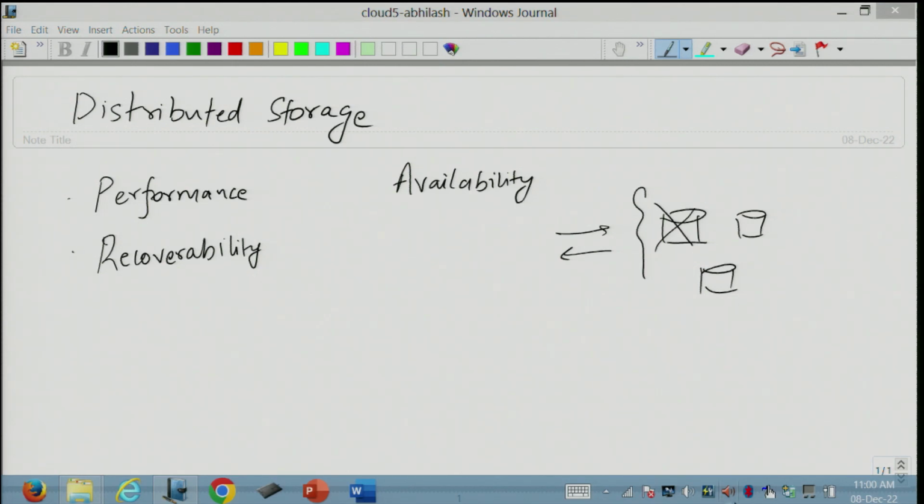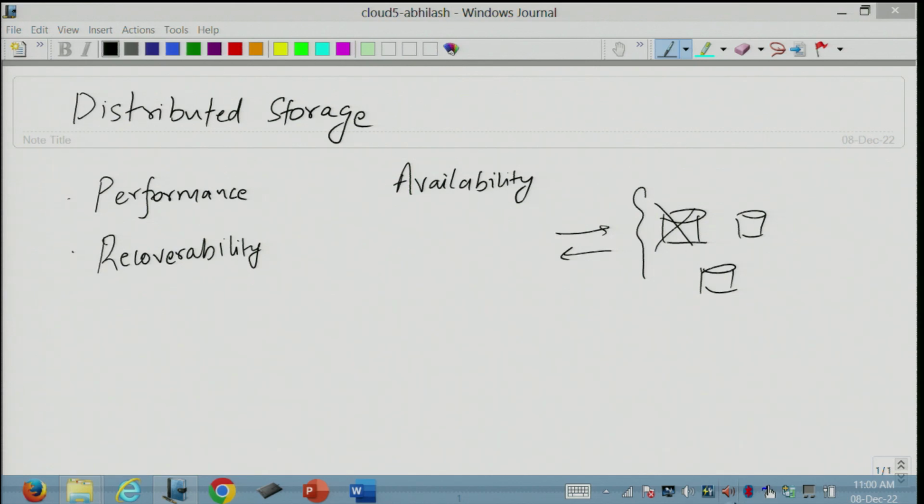So we cannot say that the system is now unavailable because a disk crashed. Amazon cannot sell anything for an hour because some disk crashed, right? This is very, very bad if this happens, because literally they are earning millions of dollars every hour. So you don't want your storage to go away even for seconds.